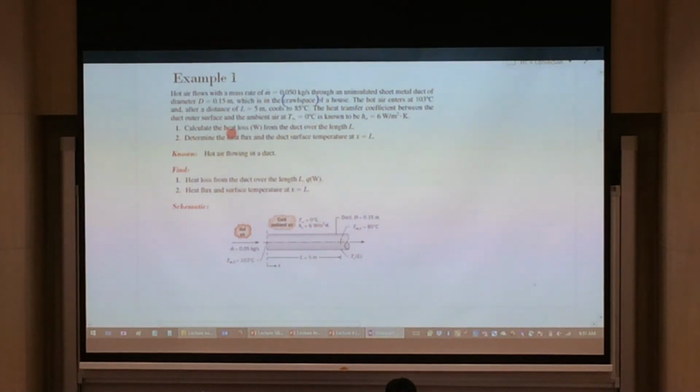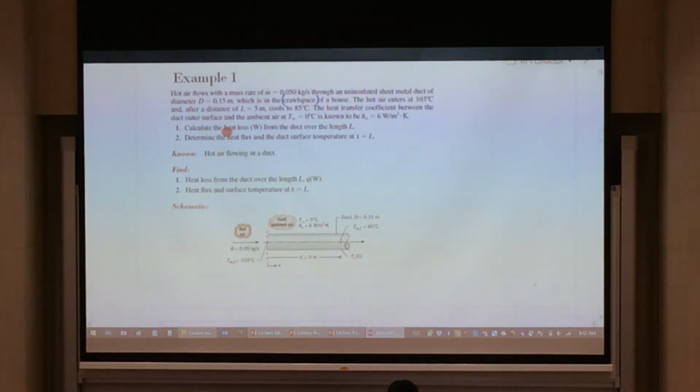Now, what I want to point out is this part over here, the question part. Calculate the heat loss from the duct over length L. I always emphasize to students, when you read the question, in your mind you should translate it into its respective symbol. So in this case, what do you think the symbol is for that question?